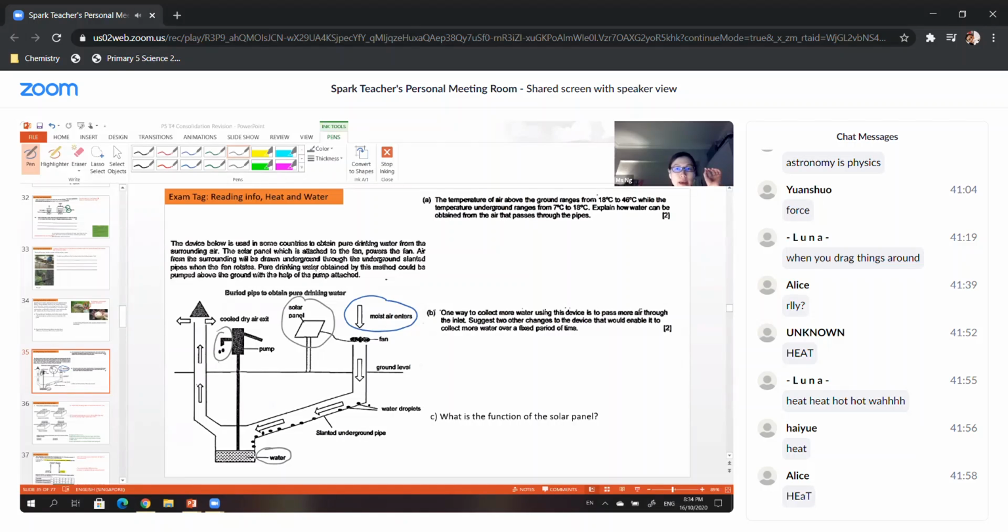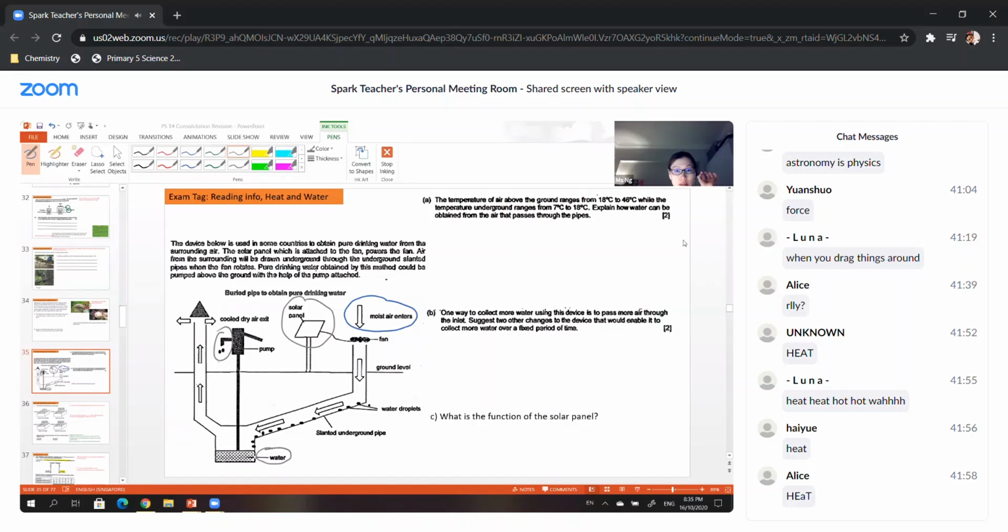So the temperature of air above the ground ranges from 18 degrees C to 46 degrees C, while the temperature underground ranges from 7 to 18. So explain how water can be obtained from the air that passes through the pipes. Okay, don't shout out your answer.